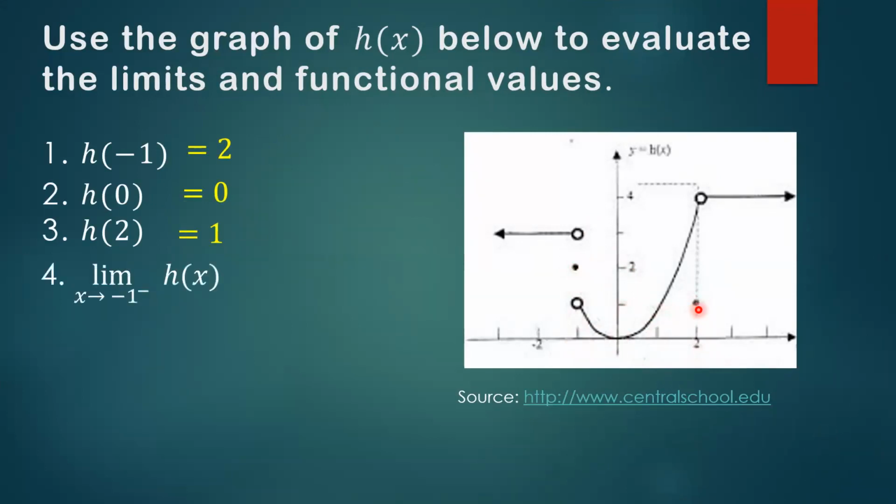Now for the limit as x approaches -1 from the left, on the left side of -1 it is here. It approaches this hollow point, and as it nears this hollow point, it also approaches the y value equal to +3. When we come from the right side of -1, this is the behavior of the graph we will look at. It is approaching this hollow point, and the y value associated with this hollow point is +1.